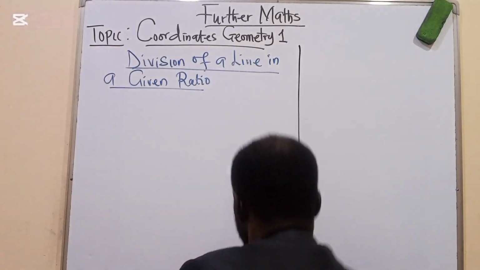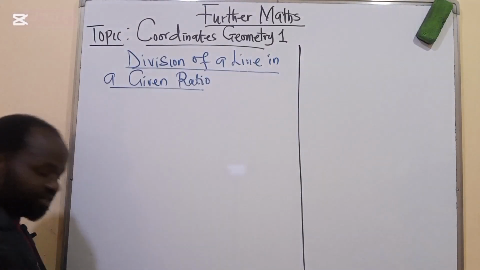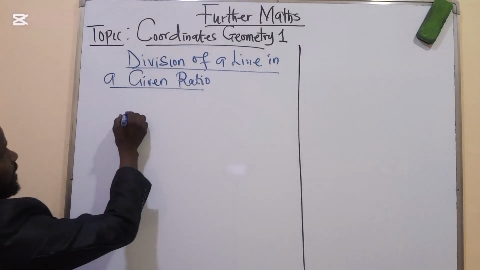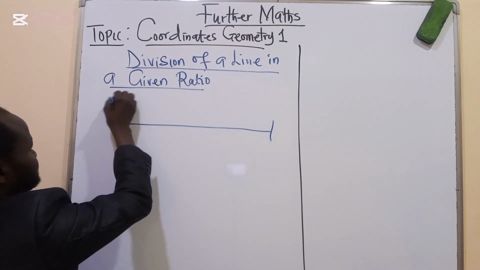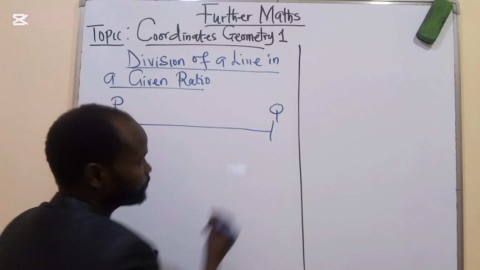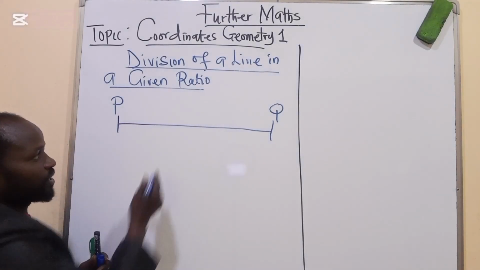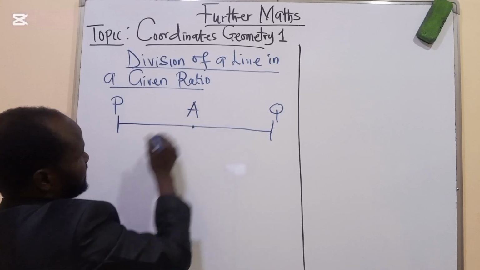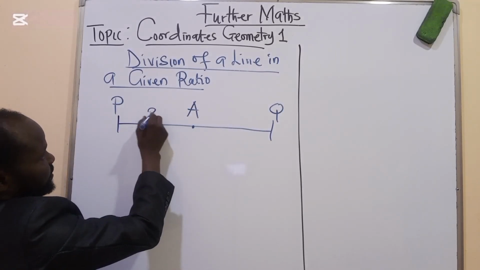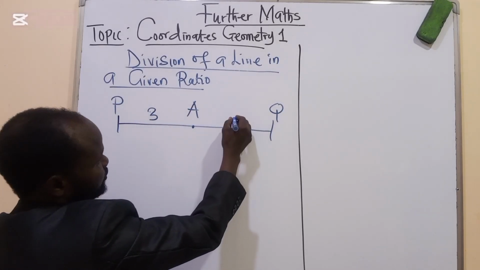Suppose we have a straight line, let's say P and Q. Then we have the middle of this line as A, and P to A is 3, then A to Q is 2.